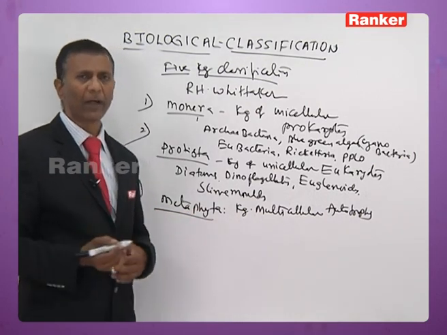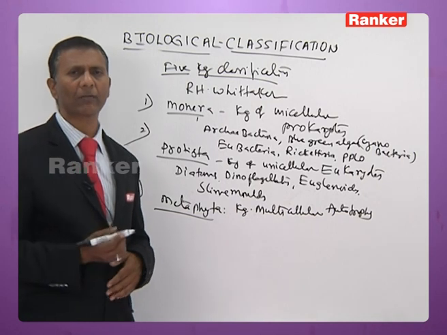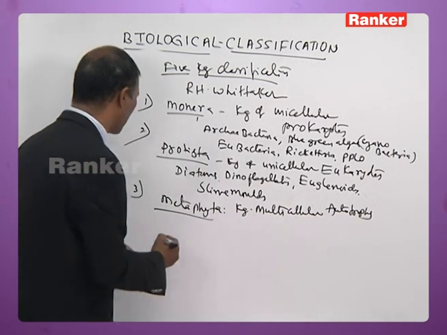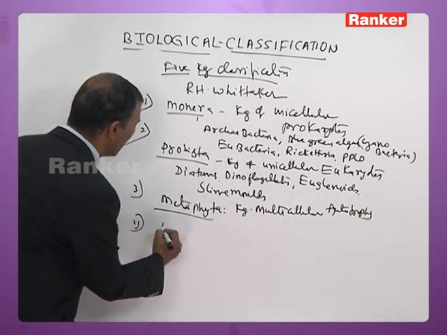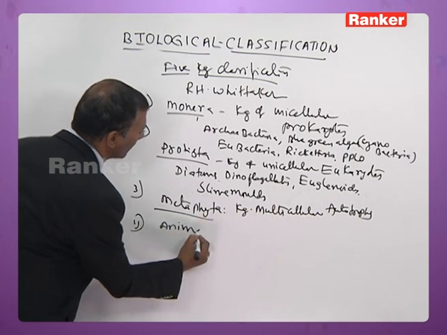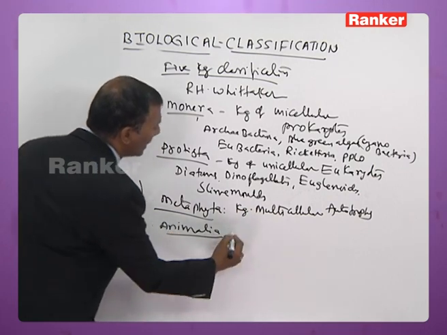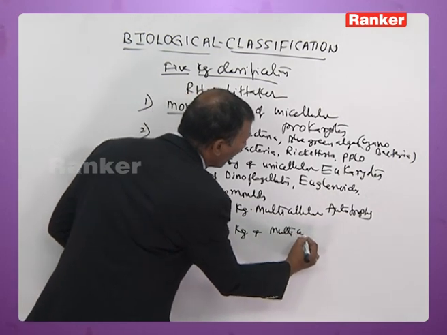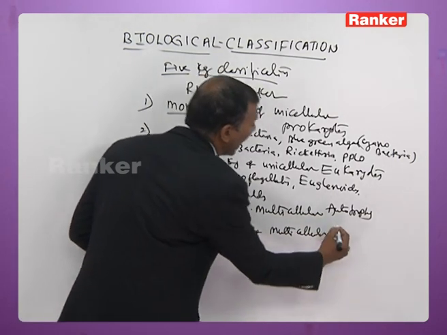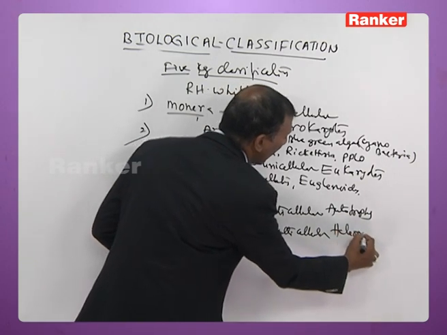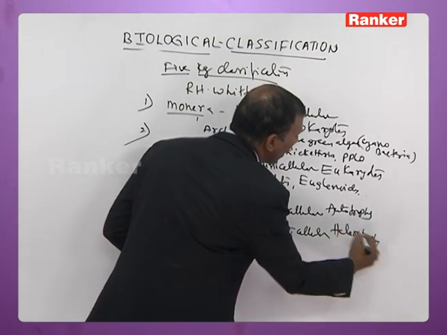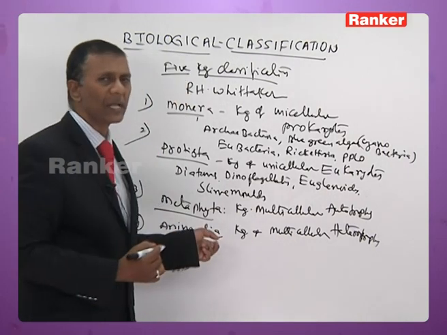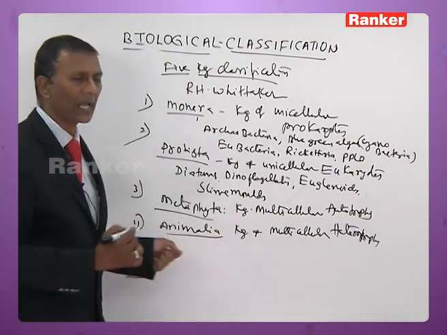Bryophyta, pteridophyta, angiosperms, gymnosperms, all of them belong to Metaphyta. Then you have Animalia. It is the kingdom of multicellular heterotrophs. So all multicellular animals now belong to this kingdom here.